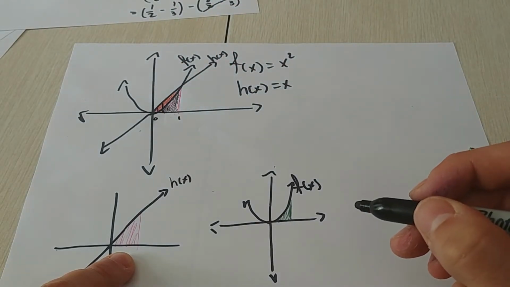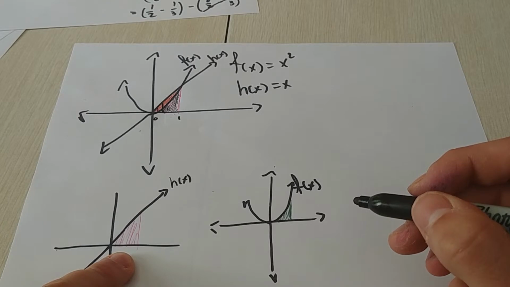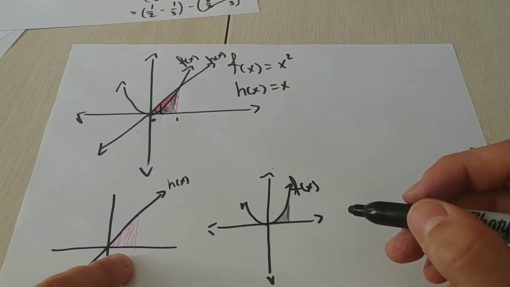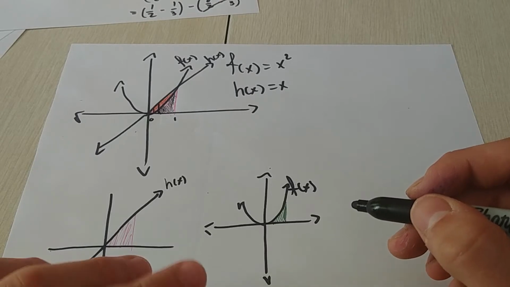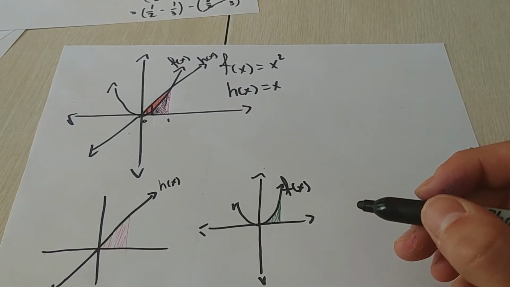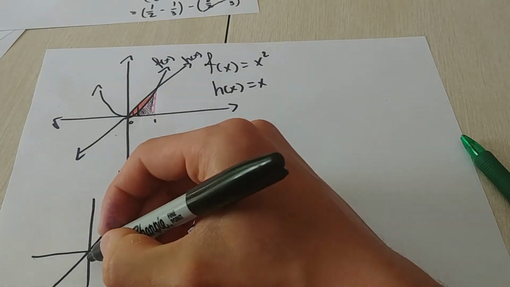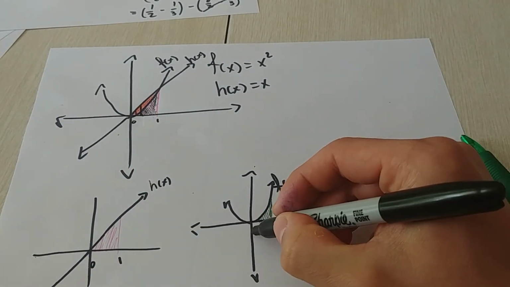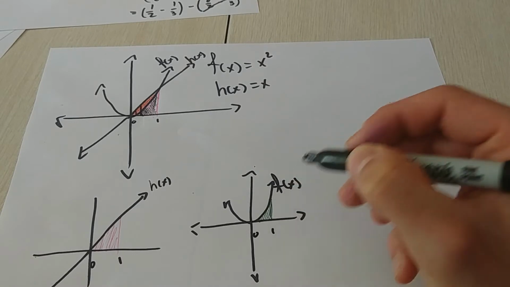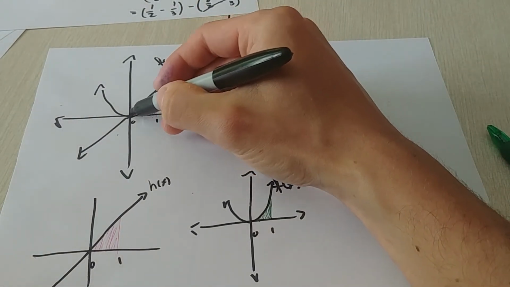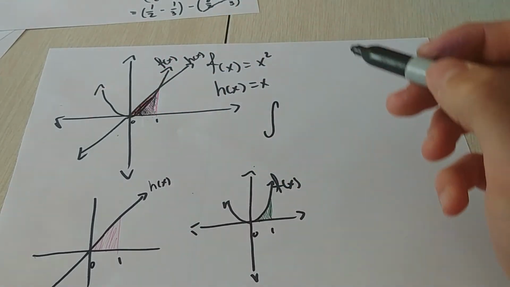Does that make sense? I wish I had a cool animation to show you. So basically we're taking the area of h of x from 0 to 1, of course, subtract the area from 0 to 1 of f of x. And then we should get the area between the two graphs.